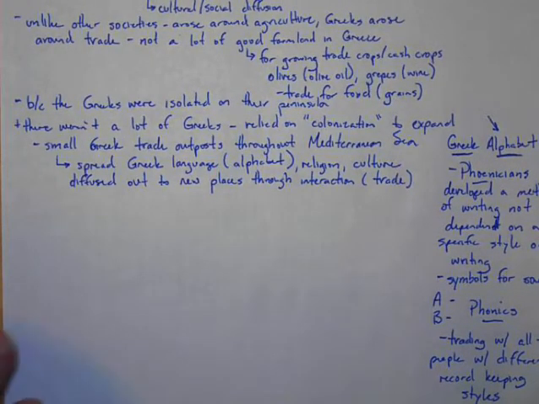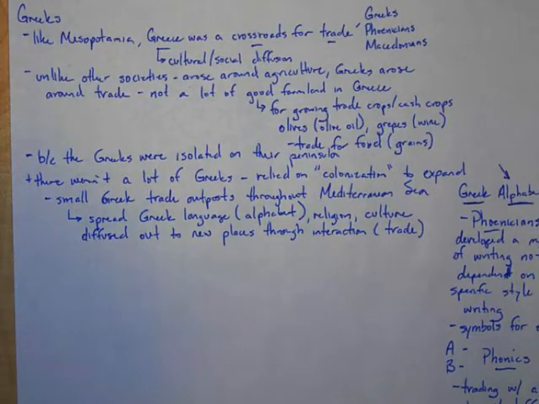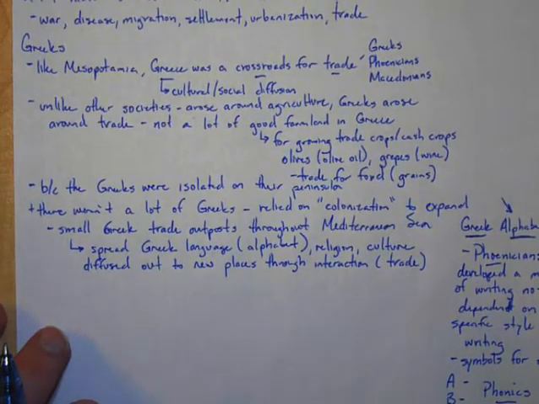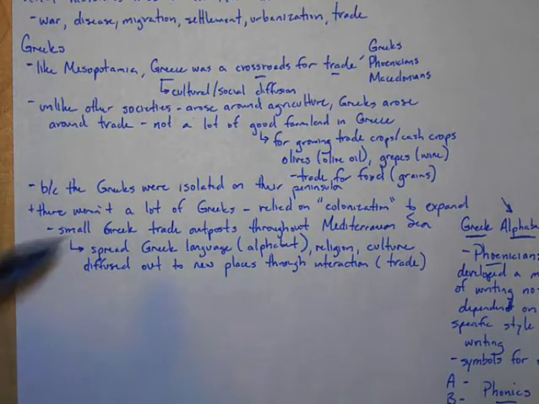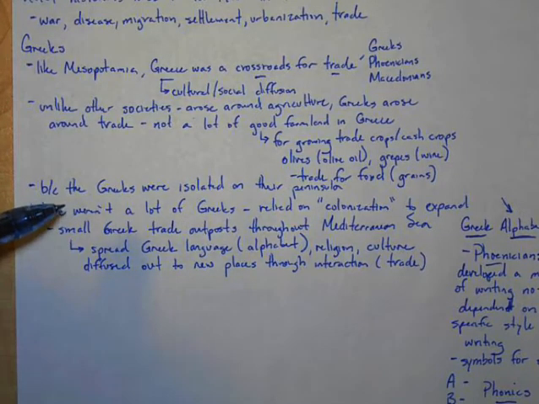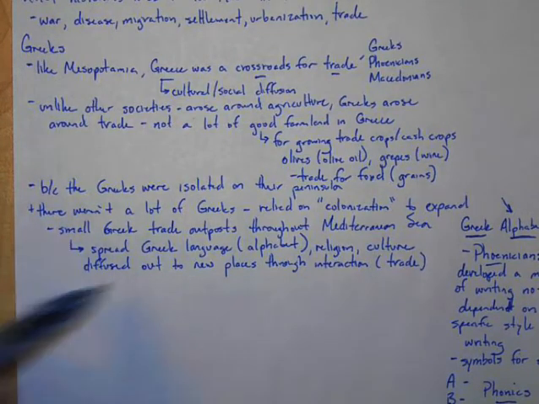So the Greeks were very important in understanding interaction because of the way they traded. They simply didn't have the manpower or the resources to take over large pieces of territory. So instead, they just spread their culture, and they kind of created a Greek cultural empire where it didn't matter what religion you practiced or what culture you had, but you're probably going to be using a lot of Greek stuff.